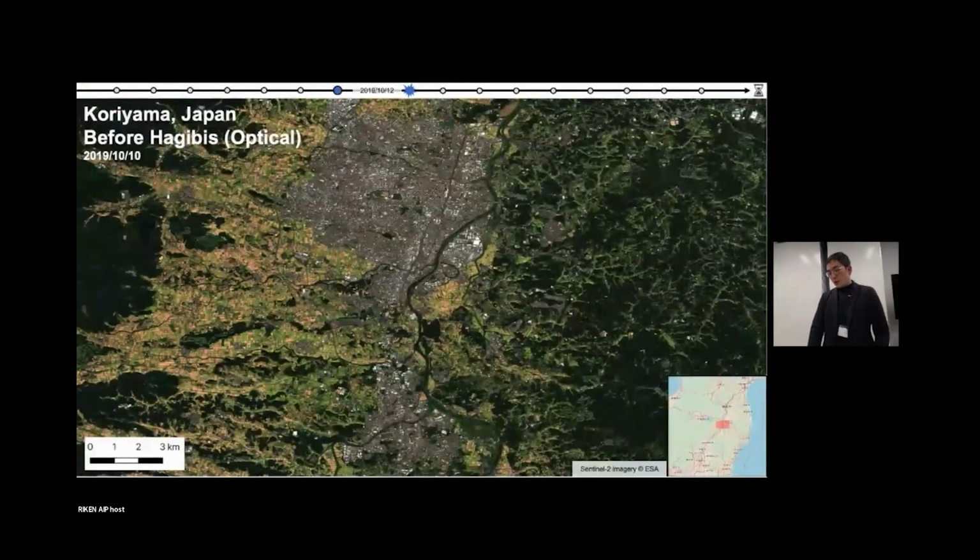And here's one example. There was a big typhoon named Hagibis 5 years ago, and almost half of Japan was attacked, and flooding happened everywhere. And this is pre-disaster optical imagery taken by Sentinel-2, which is operated by the European Space Agency.